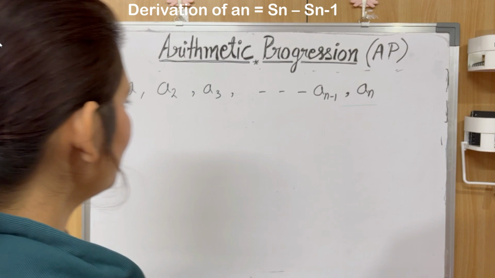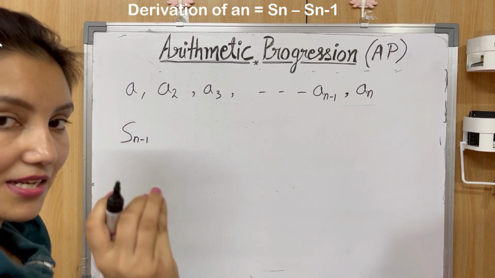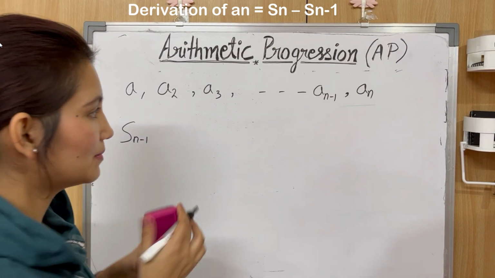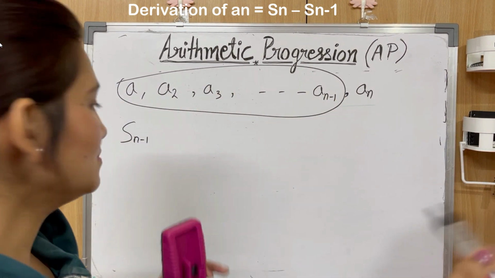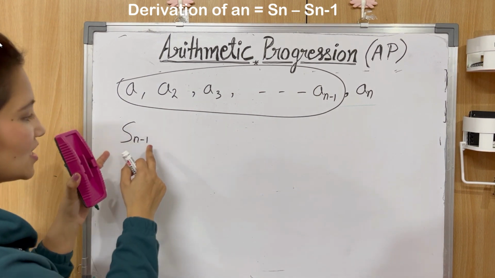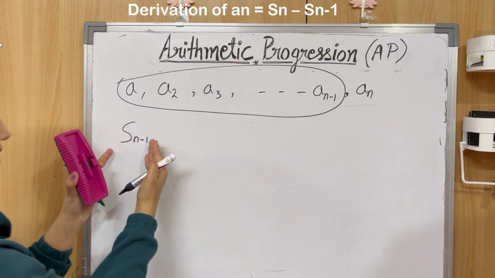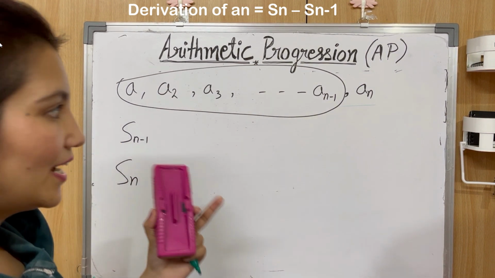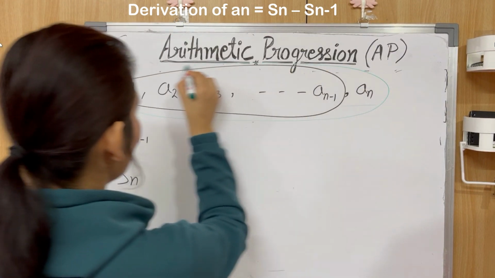Now if I say S(n minus 1), what do you understand? The sum of n minus 1 terms of that AP. It means the sum of these many terms. So this is S(n minus 1). Now Sn is the sum of n terms of an AP, meaning we are adding all these terms, including the nth term.